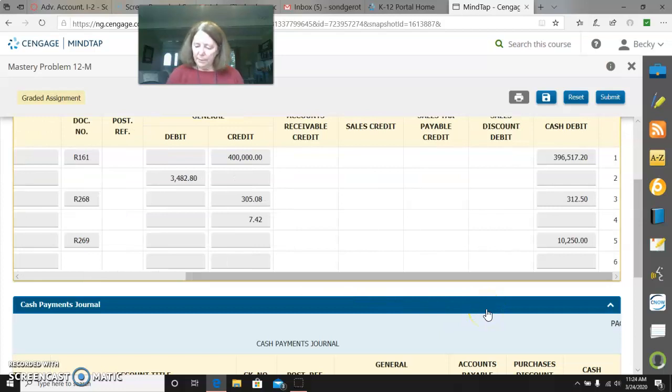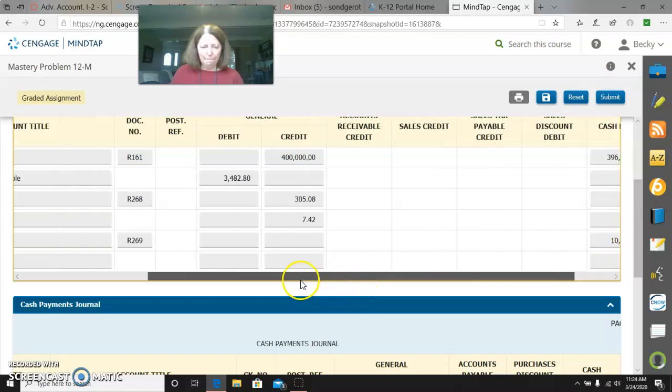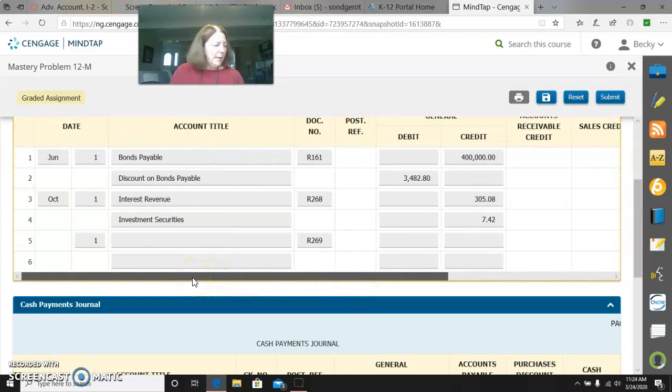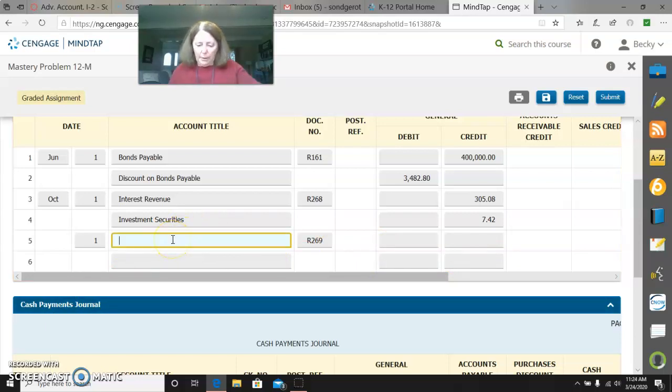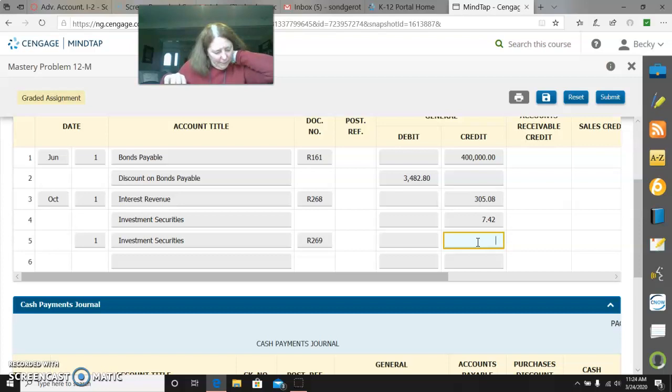So we take the proceeds, which are 10 bonds times 1,025, which is our cash debit of $10,250, and we credit our investment securities for the carrying value of that investment security.